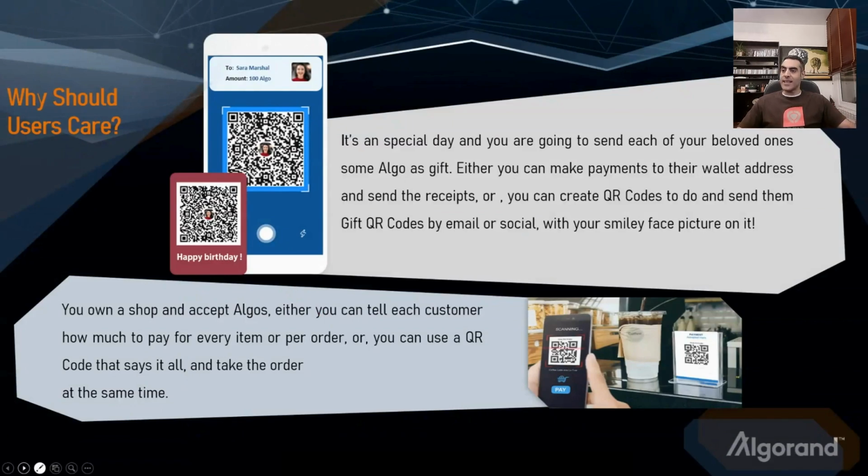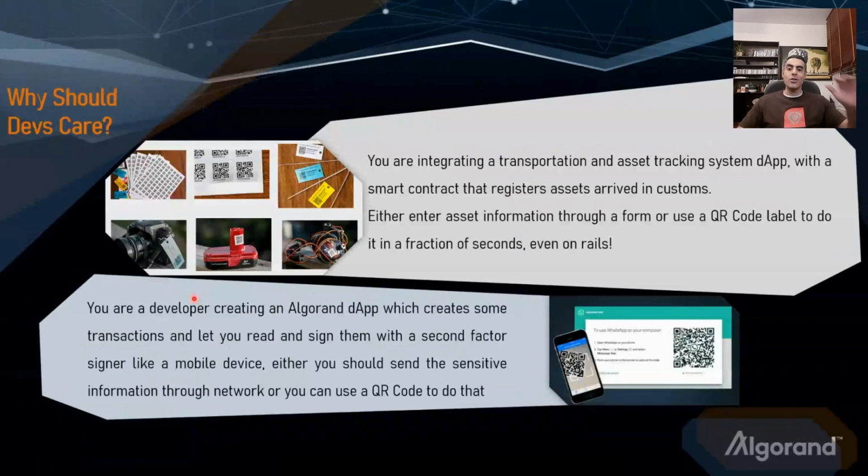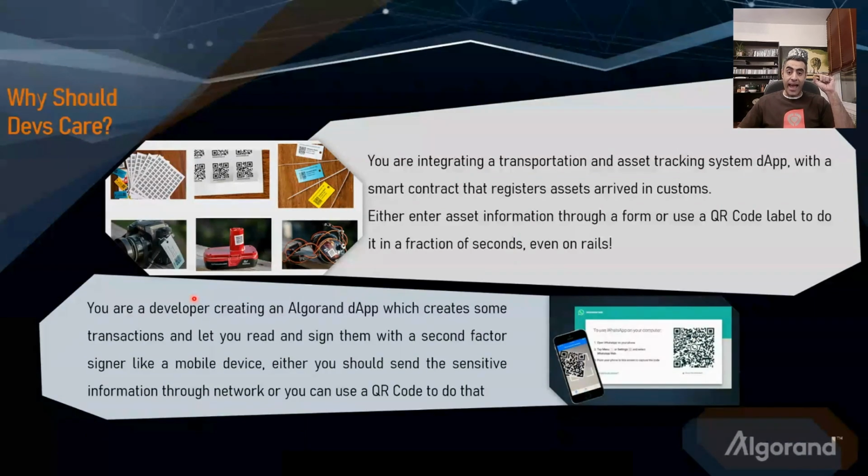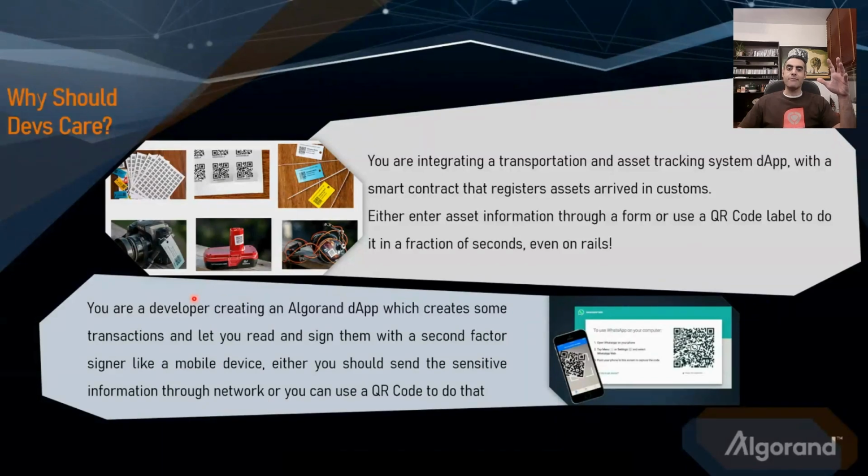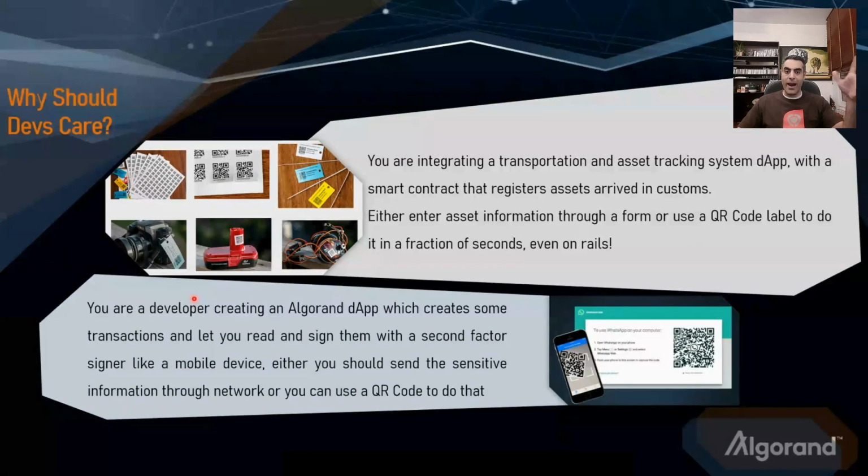Let me go to the next slide and tell you why you should care if you are a developer actually, and especially an Algorand developer. If you're a developer, you have been facing scenarios that involve assets. Assets are everywhere. Actually, everything that businessmen are in need of, us developers, are related more or less somehow to assets. Assets are in logistics, transportation, manufacturing, commerce. Everywhere you're dealing with assets.